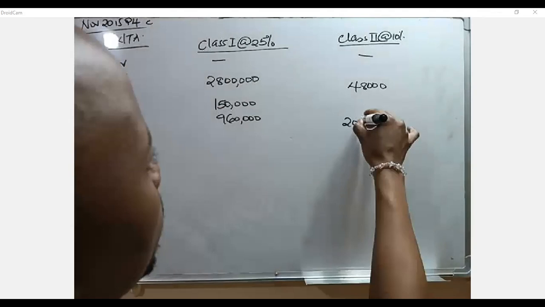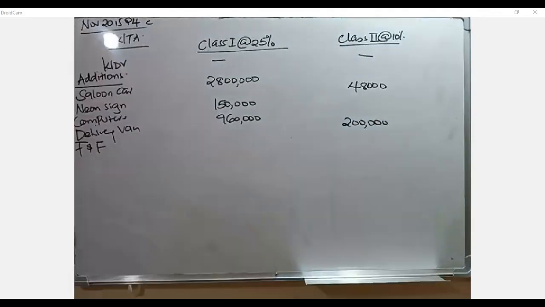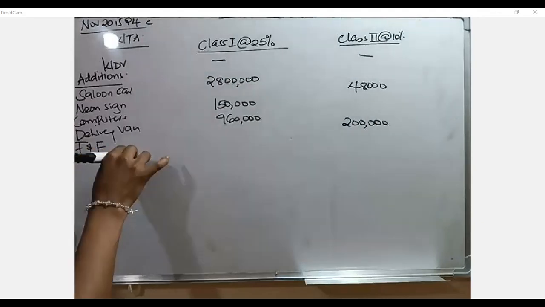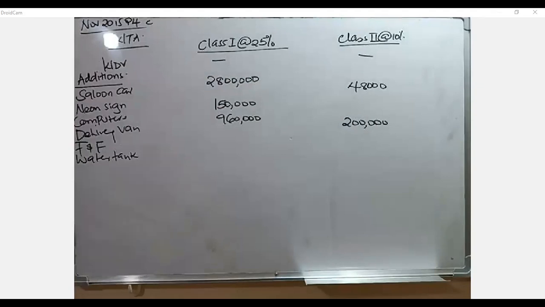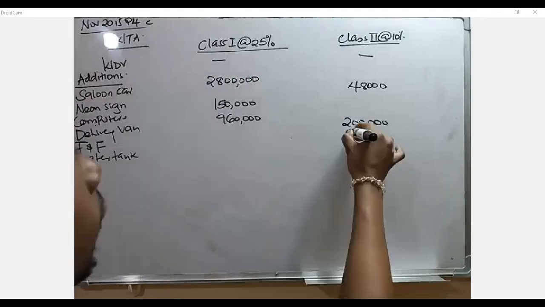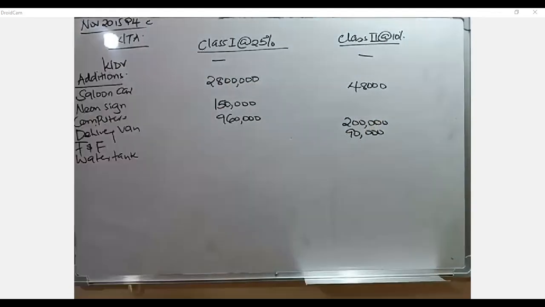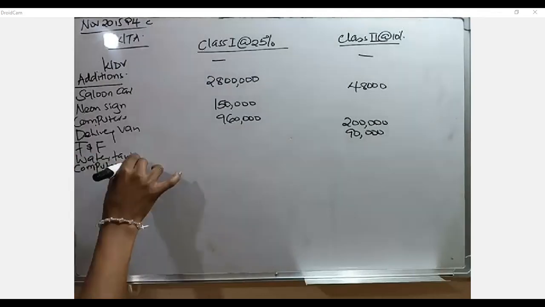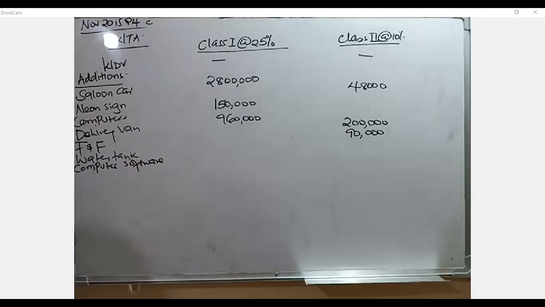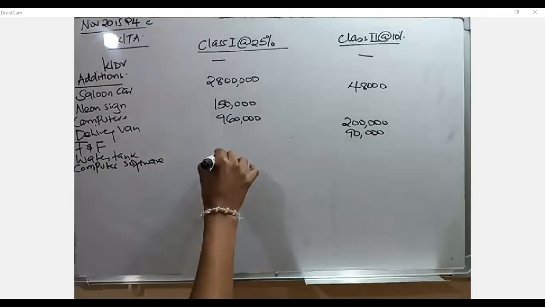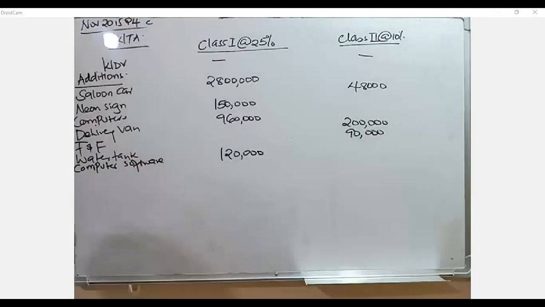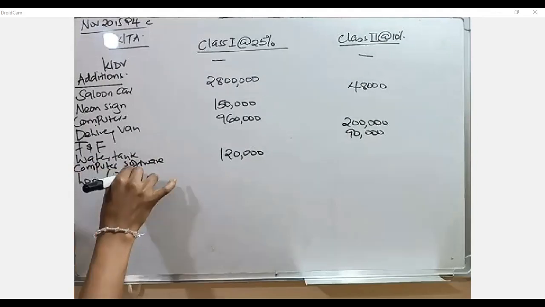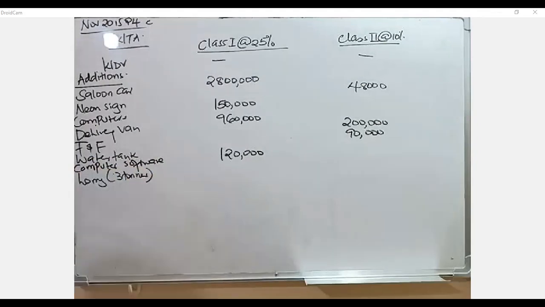Then I have the water tank. We said the water tank qualifies for class 2. I've been given the value of 90,000. Then we have computer software, which we said is class 1, 120,000. Then we have the lorry. I'm told it is 3 tons, class 1, and I'm being given 2,750.